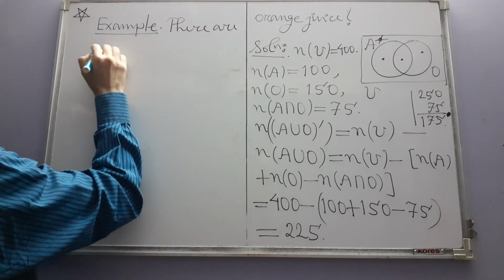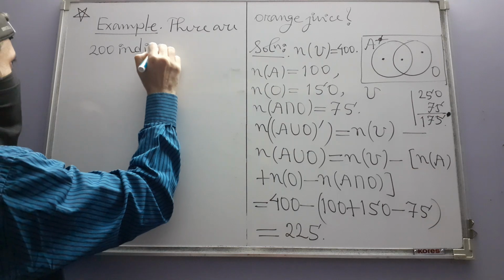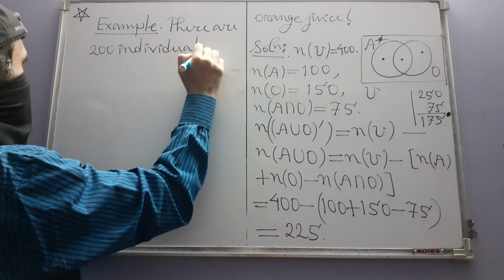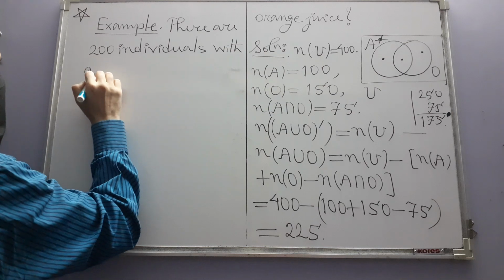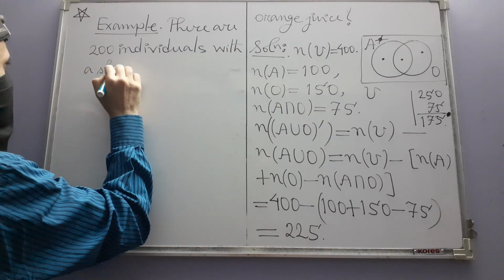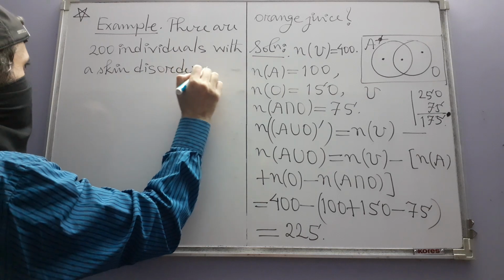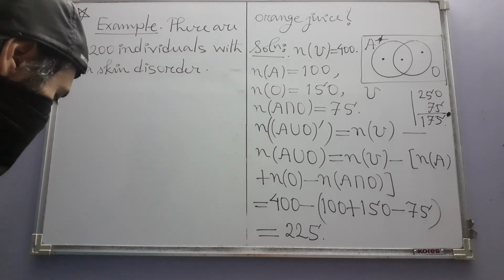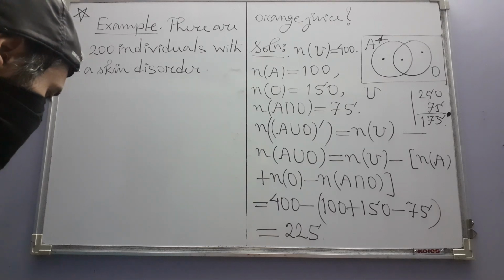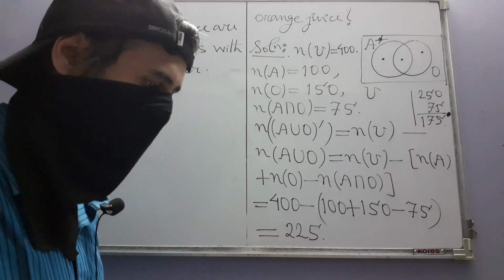There are 200 individuals with a skin disorder. Okay, then what happened? 120 have been exposed to chemical C1. Exposed to chemical C1 means what?